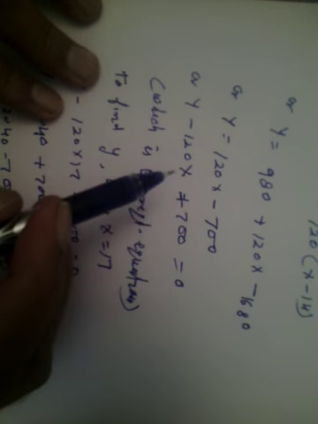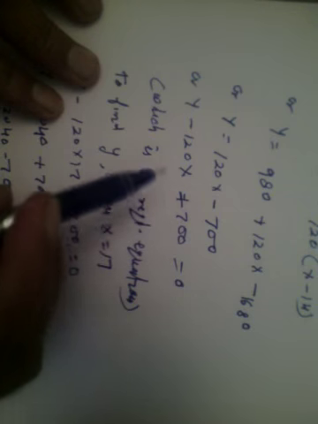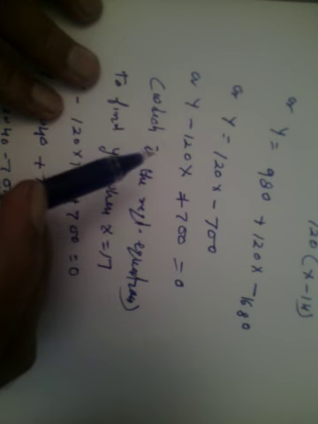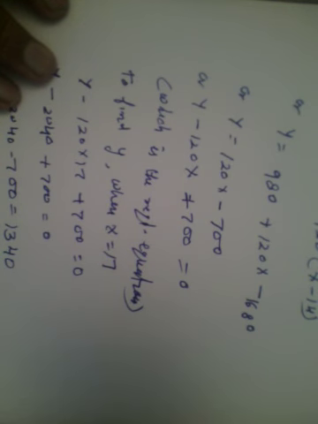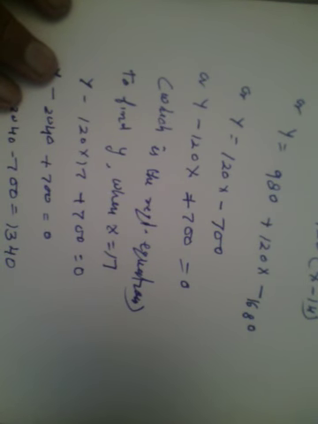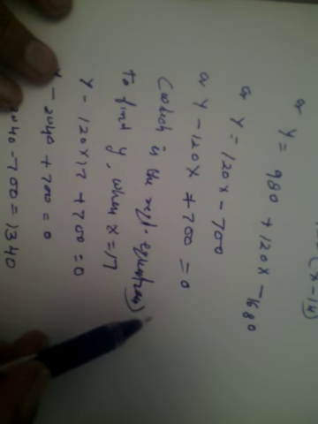We have brought 120x to the left hand side and minus 700 to the left hand side, so the sign will change. Which is the equation of y, which is the required equation which we have to find out.